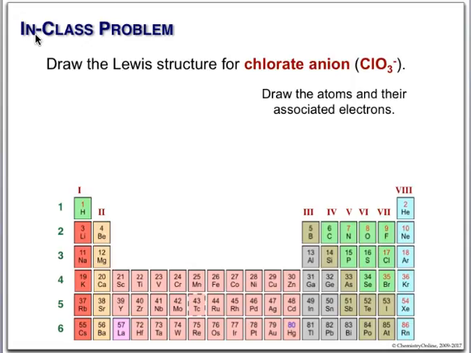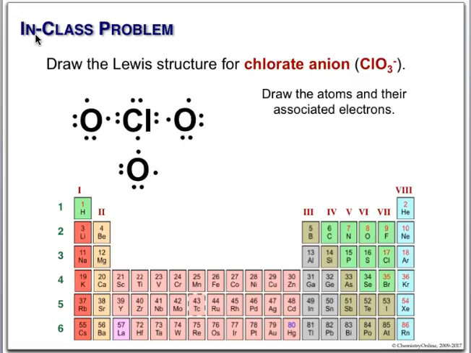So, chlorine is here in group 7. It has 7 valence electrons, doesn't it? Oxygen is here in group 6. It has 6 valence electrons. We have 3 oxygens, chlorine in the middle.